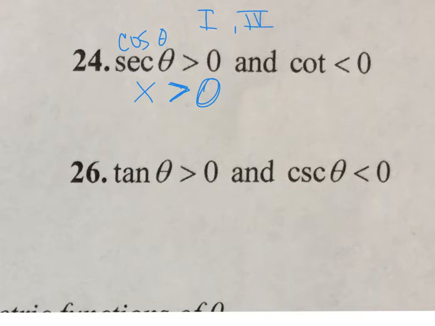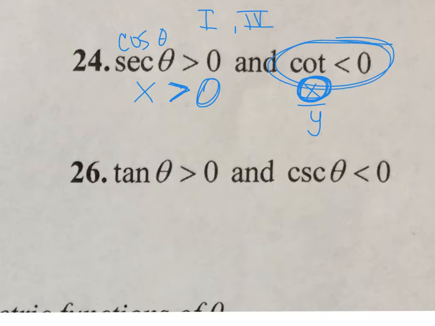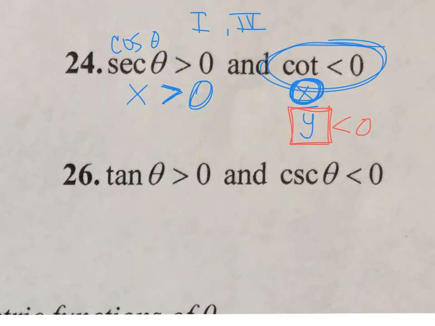But now over here we're told the cotangent is negative, and cotangent is a ratio of x over y. So we already know that x is positive and the whole thing is negative, which means, hopefully you're recognizing, that y must be negative. In order for the ratio to be negative, one of these two things has to be negative. One of them does.